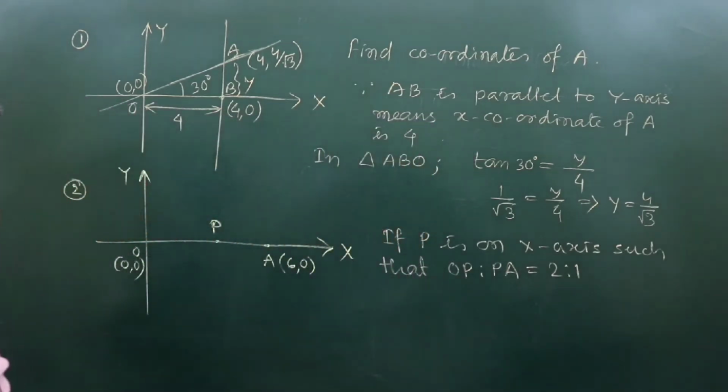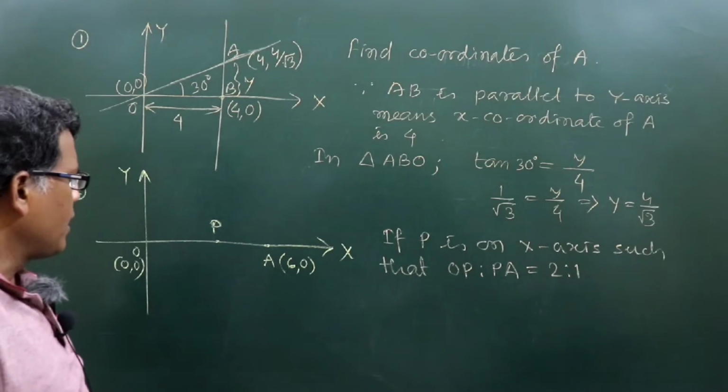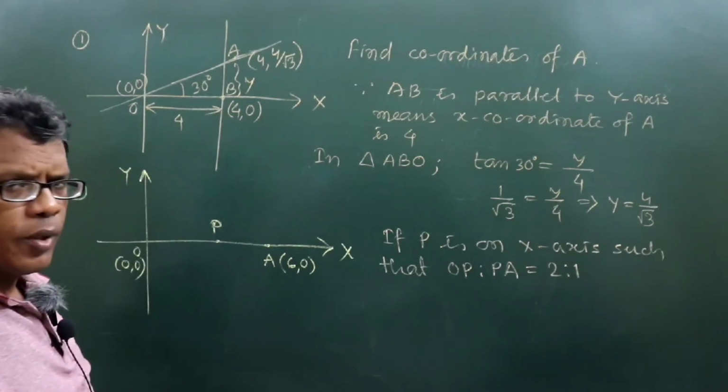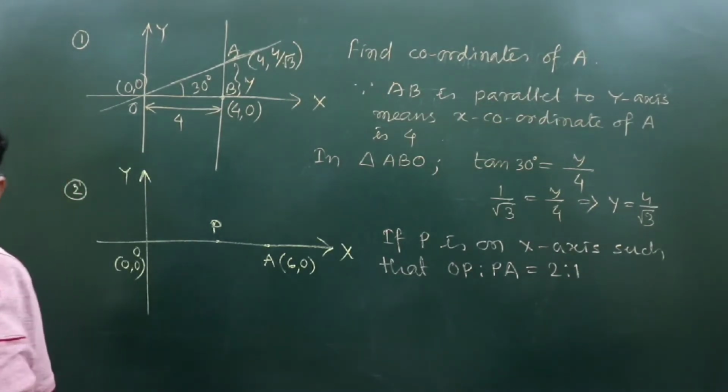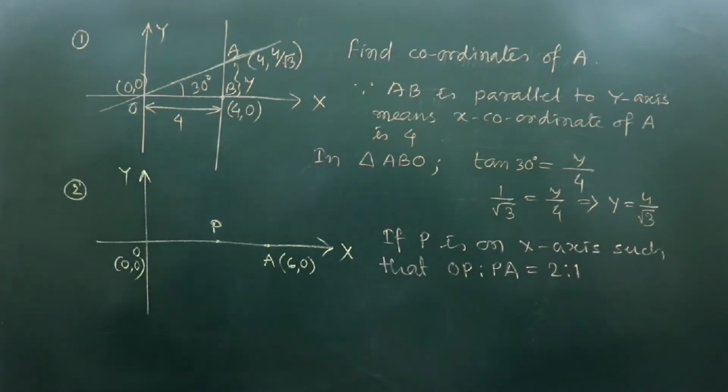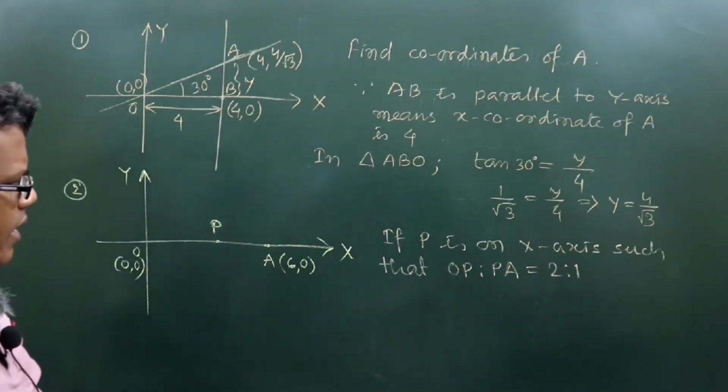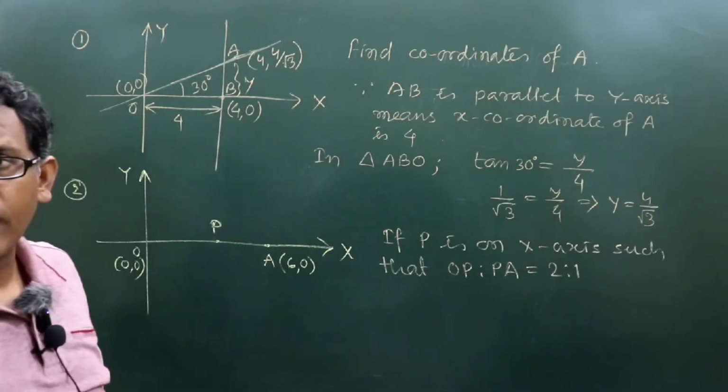The position of P is referred to in section ratio, that is, P is a point between O and A, and the position of P suggests that it divides OA in the 2:1 ratio.